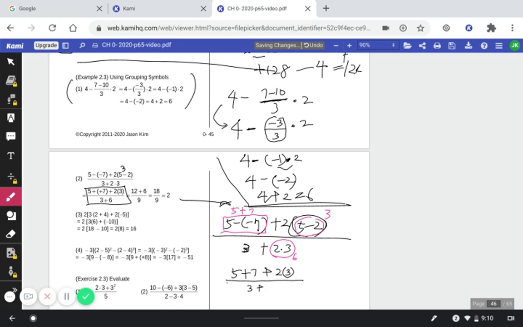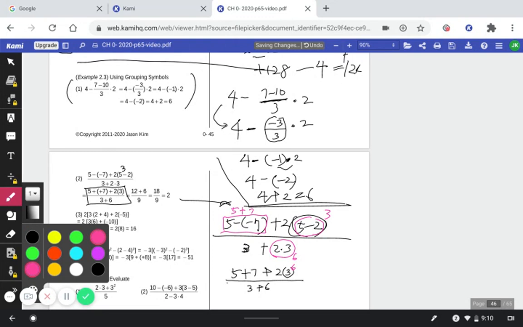Now in here, the numerator has multiplication, 2 times 3 first because it's a multiplication. So when you do that, you again end up with 5 plus 7, and you add 6, and divide by 9, or 3 plus 6.